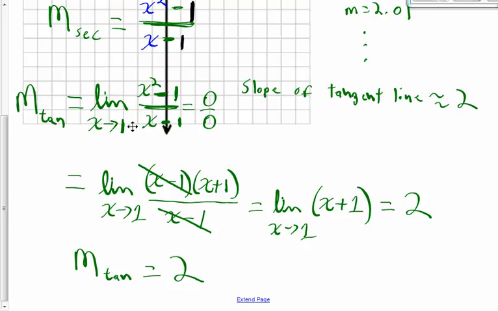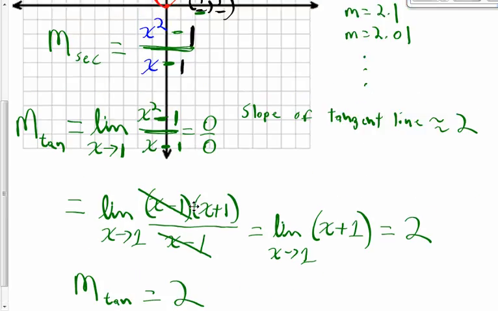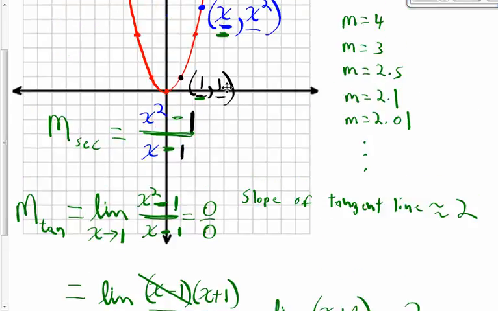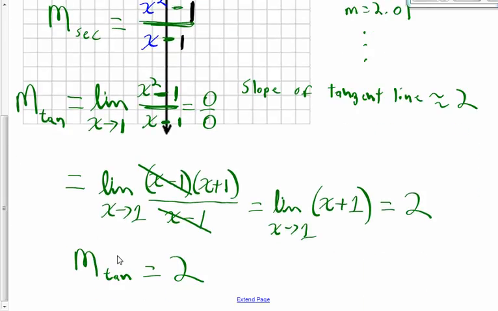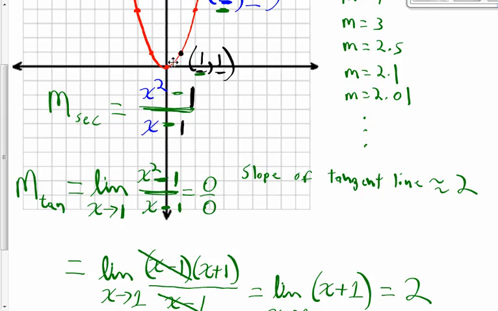That process is a limiting process, so I introduced the limit, and I calculated the exact slope of the tangent line at the point where x and y are both 1, because x is 1 and y is x squared. So this is how we can find the slope of a tangent line to a function at a given point, this point of tangency.